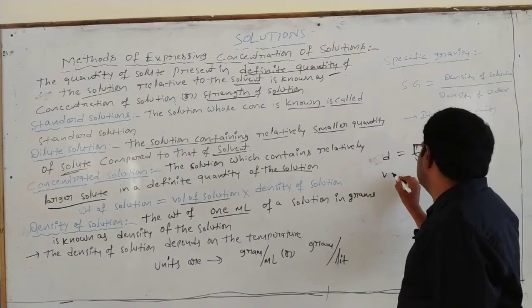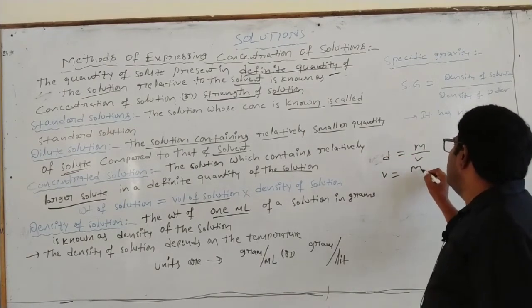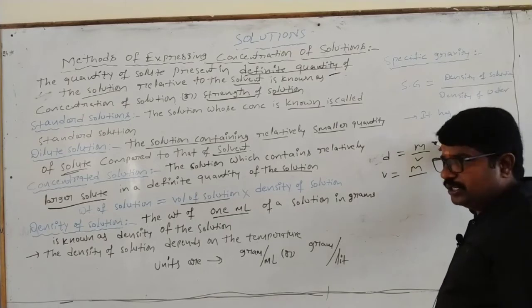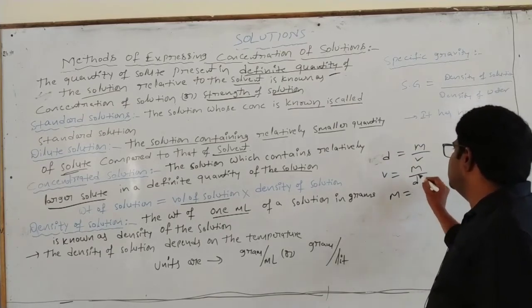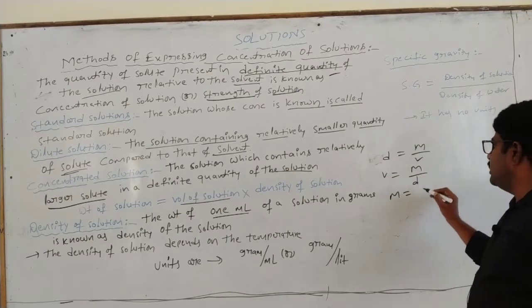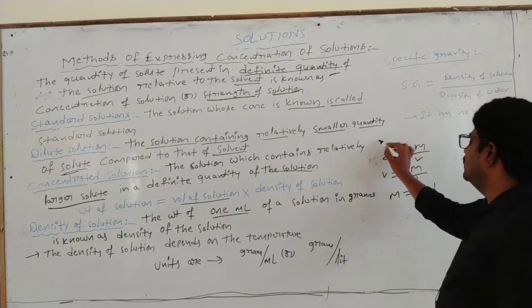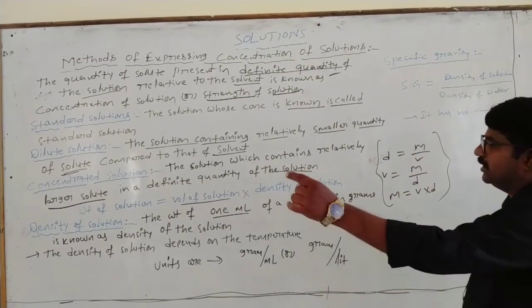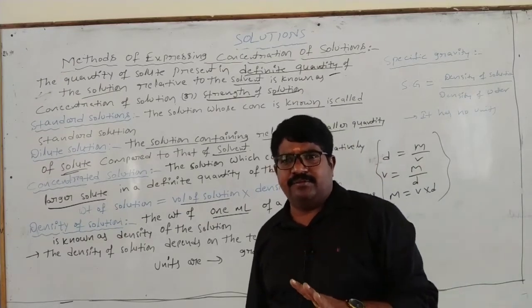Now the volume of the solution, calculated based on density, is equal to mass of the solution by density of the solution. And if you want to calculate the mass of the solution, it is volume of the solution into density of the solution. These three formulas are very important when calculating molarity when density is given.